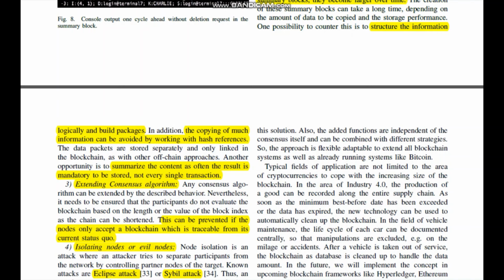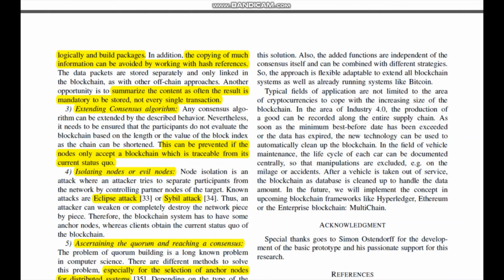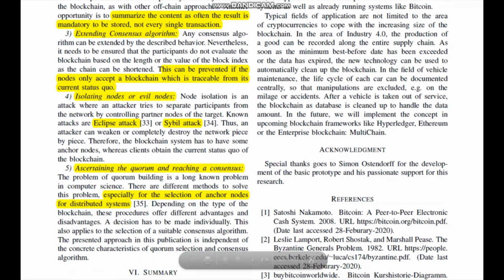Right? Next is extending the consensus algorithm. This can be prevented if the nodes only accept a blockchain which is traceable from its current status quo. So if the blockchain is traceable, you just have to say that it is the current validated blockchain. So how can we isolate some evil nodes?